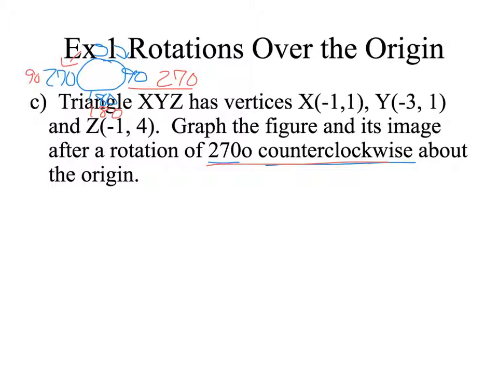And 90 clockwise, if you remember, we switch the x and the y, and we change the sign of the x. Once you've figured out the formula, it's not too bad going from there, but it's picking that right formula. So X is negative 1, 1. So we're looking for X prime. So I'm going to flip the order. So 1, negative 1. My x value, which is negative 1, is going to change signs and become positive.